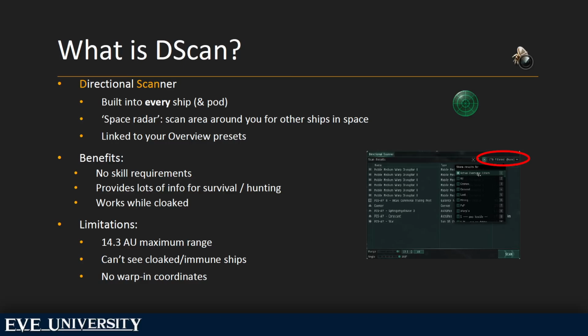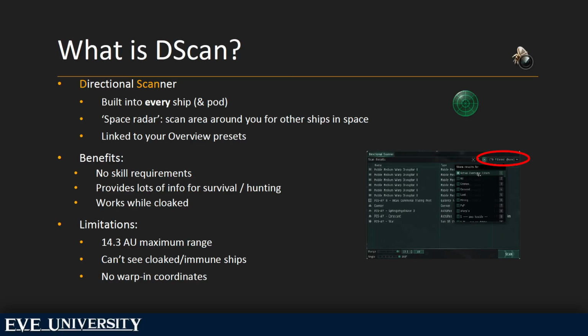The maximum radius is 14.3 AU, and if you want, you can ask the DScan to show you all the objects within the entire sphere, which is a 360-degree angle, or at a much shorter angle if you want to check a specific planet or any other object in space.